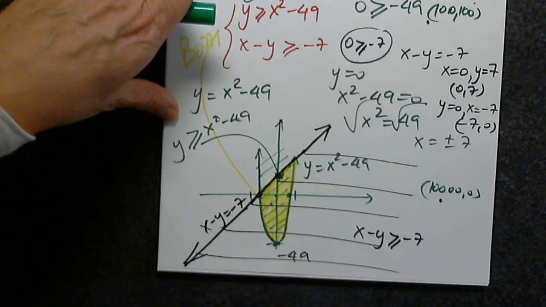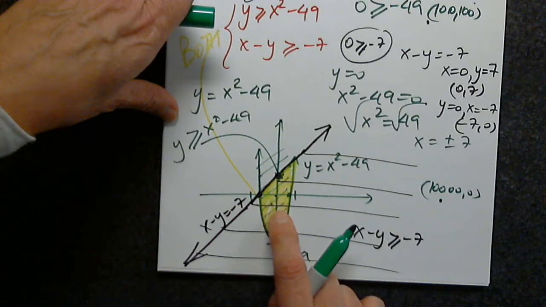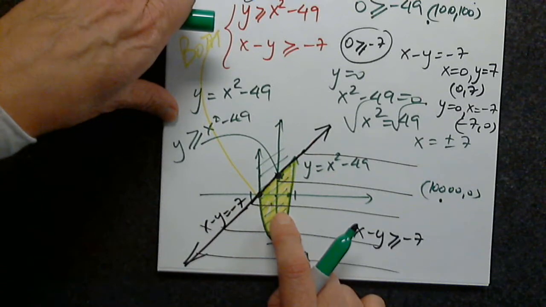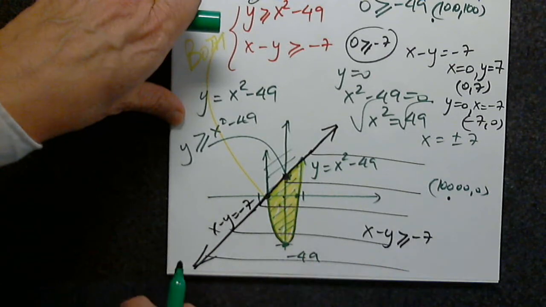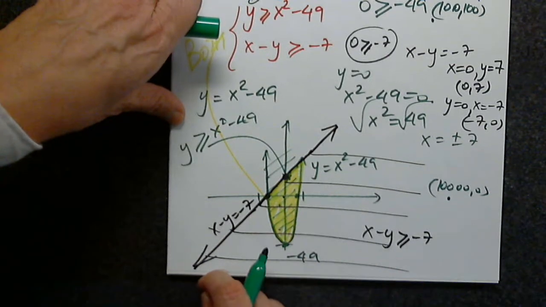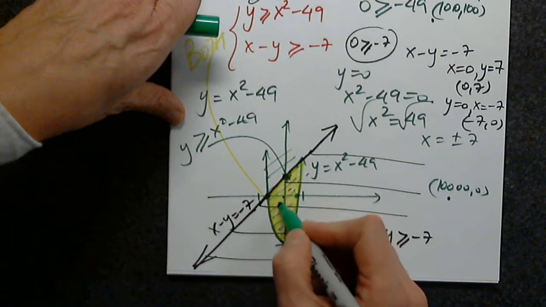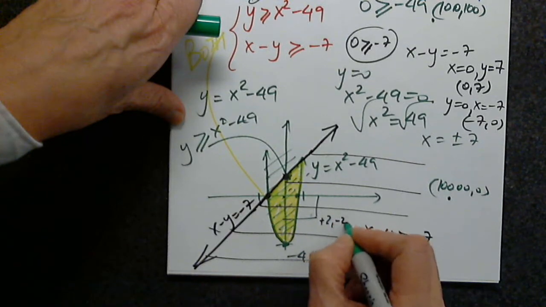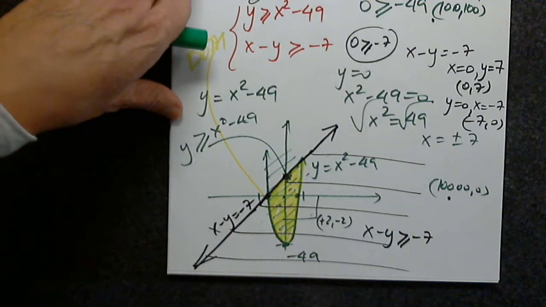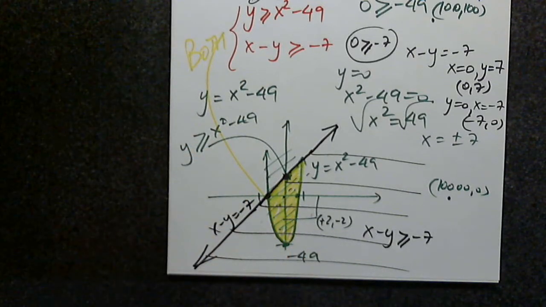But why (0, 0)? Because this is the easiest to work with. I don't even have to calculate anything. But there is a catch. Very good question. If the line passes through it, I can no longer use it. I have to come up with another point. So if this line were like this, I would have used this point, (2, -2). But since it doesn't pass through the origin, I'm going to use the easiest point to work with.